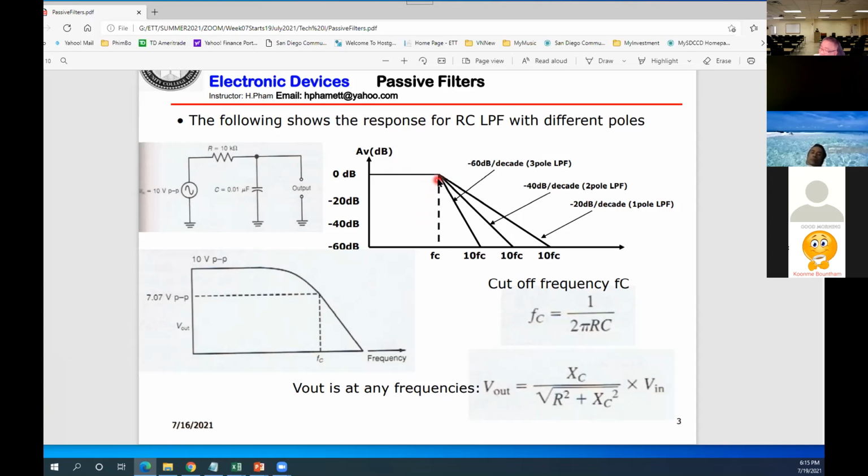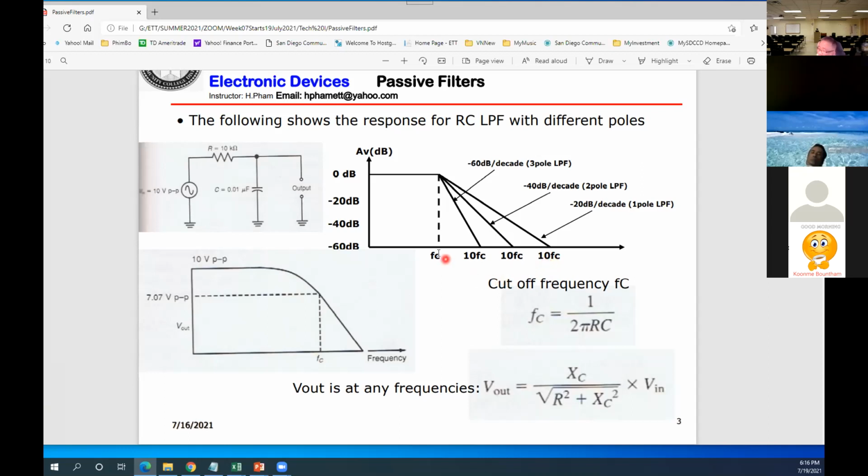Okay, now at the cutoff frequency, if you get the one pole low pass filter, they're down minus 20 dB when the frequency increments 10 times of the cutoff.